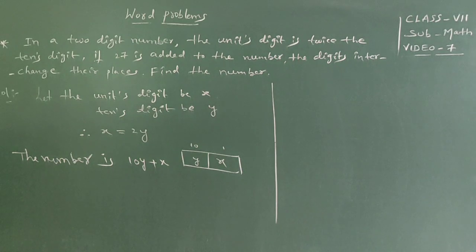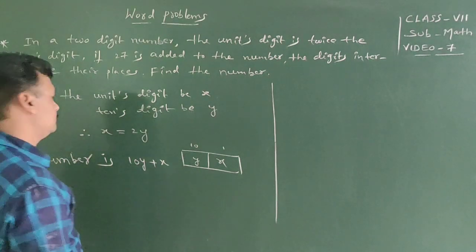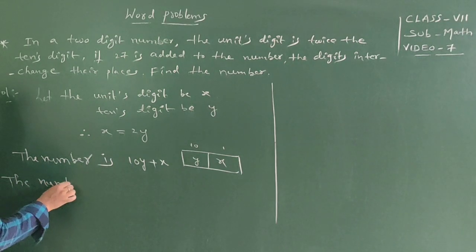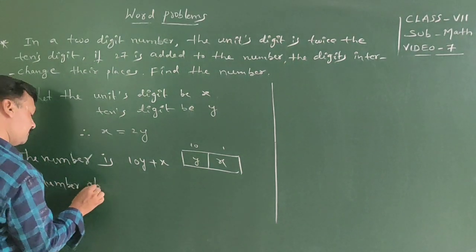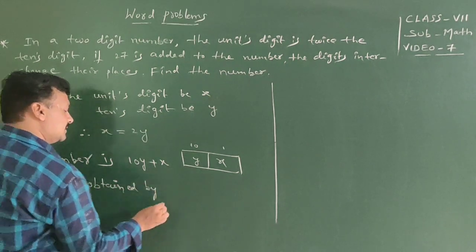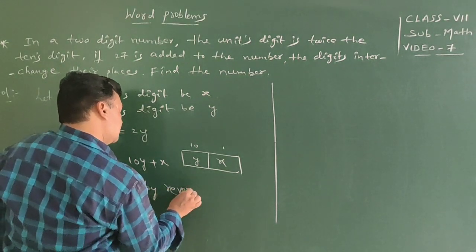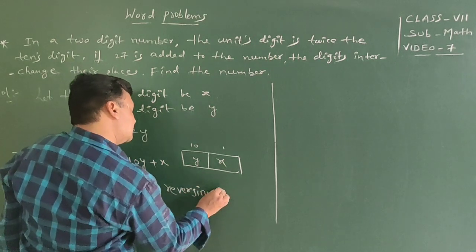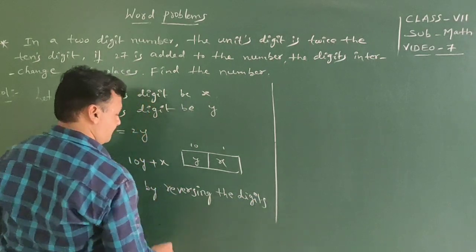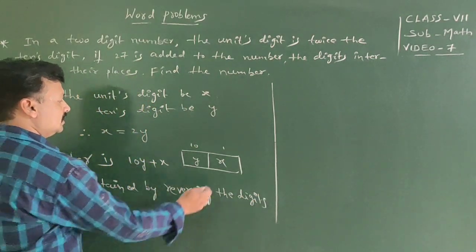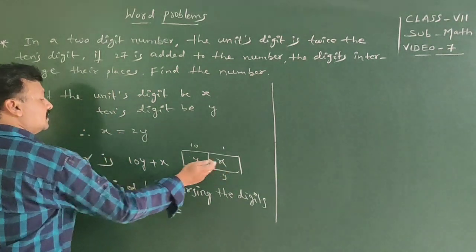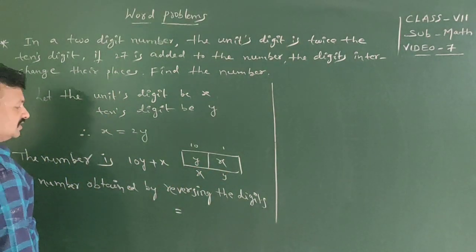Now the number obtained by reversing the digits. Here if you reverse it, x is in tens place, y is in units place.